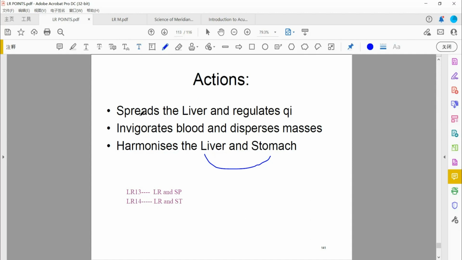Still, it can be used as a local point. And a point on the liver meridian is good for spreading the liver if there's liver qi stagnation. Invigorates blood and disperses masses.